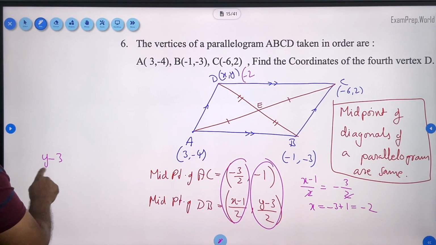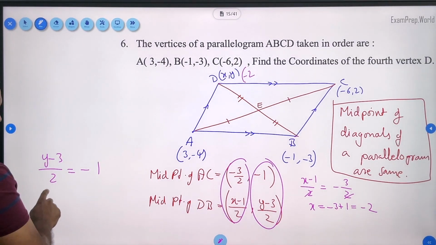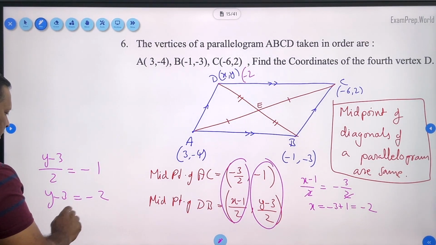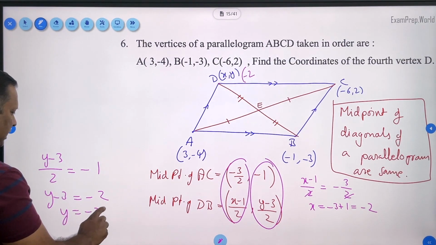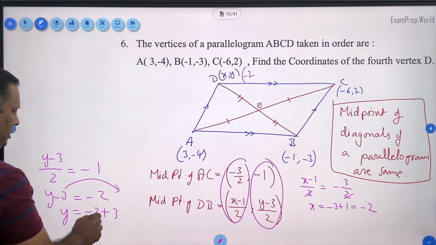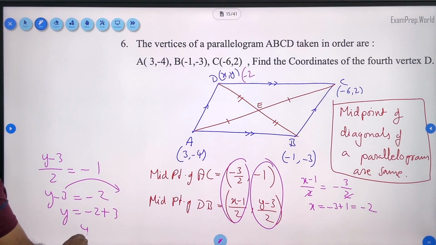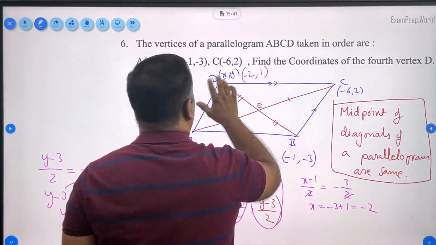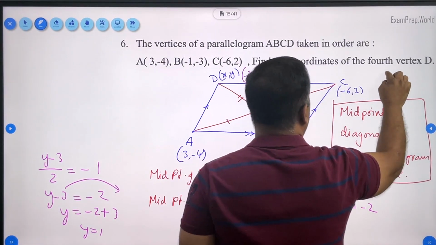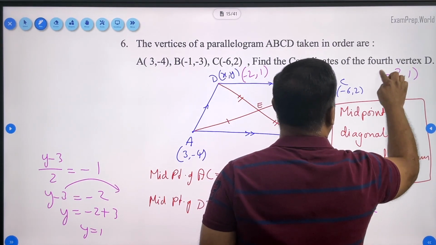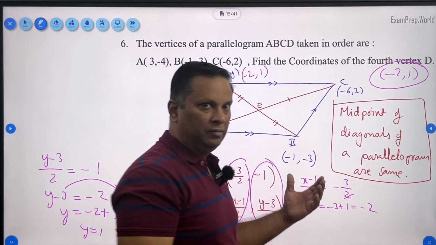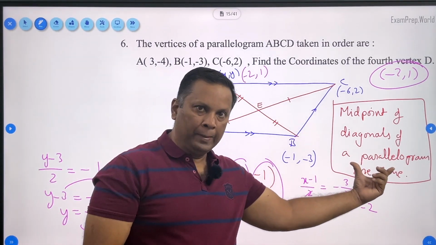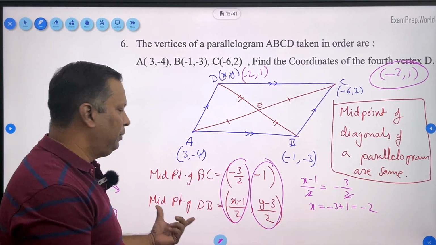Y minus 3 by 2 equals -1. 2 goes and multiplies with this, -2. Y equals -2 plus 3. This 3 will come over here. It becomes 1. Y is equal to 1. So our fourth vertex is -2, 1. And that's your answer.